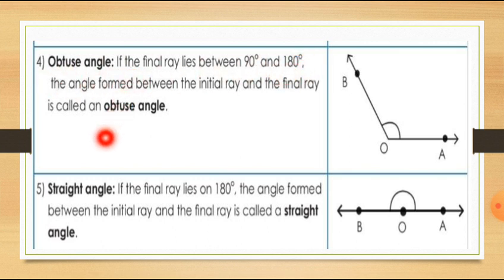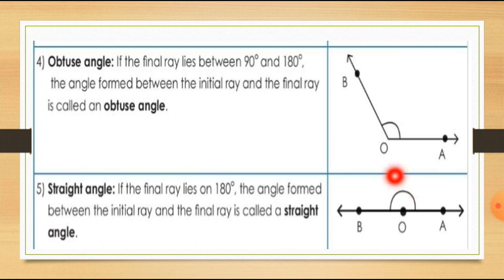Got it, children? Alright, now the next one is straight angle. Straight angle means if the final ray lies on 180 degree. If the angle measure is 180 degree, then that angle is called a straight angle.